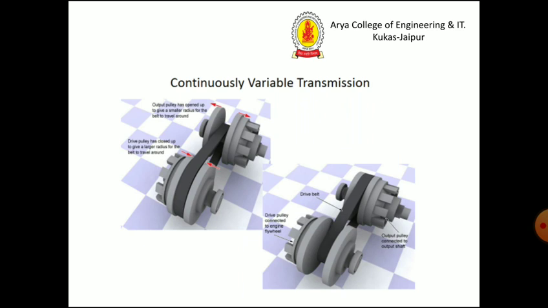This is the constructional detail of the continuously variable transmission, in which the output pulley has opened up to give a smaller radius for the belt to travel around, and the drive pulley has closed up to give a larger radius for the belt to travel around. There is a drive belt, the drive pulley is connected to the engine flywheel and the output pulley is connected to the output shaft.